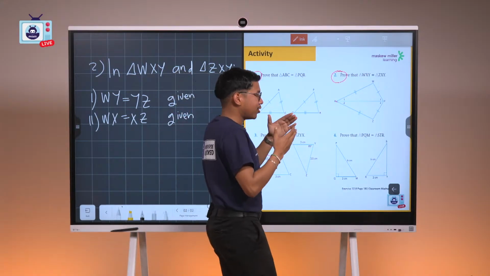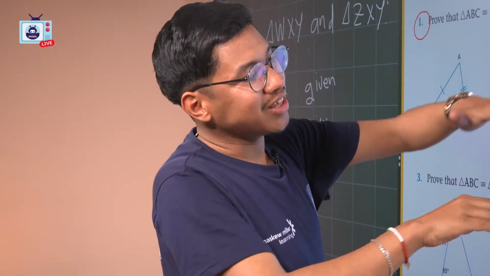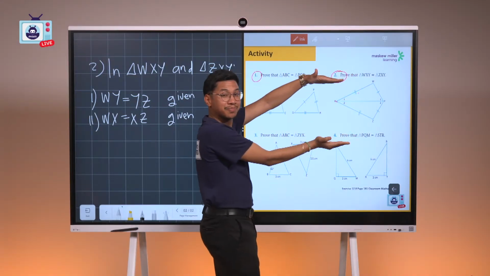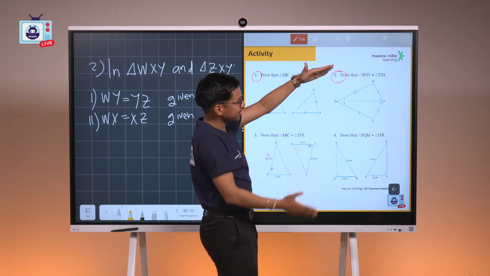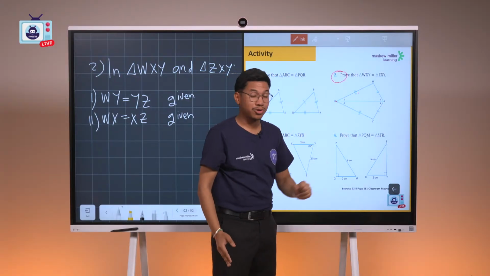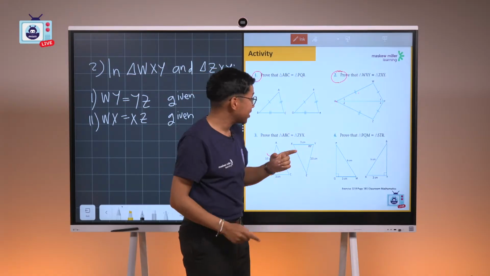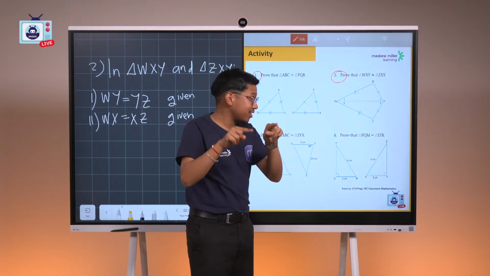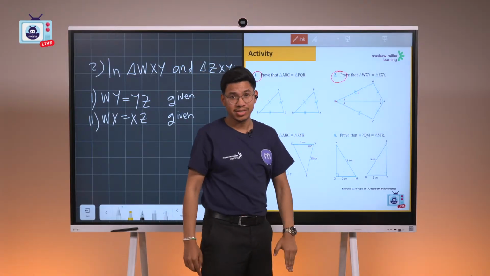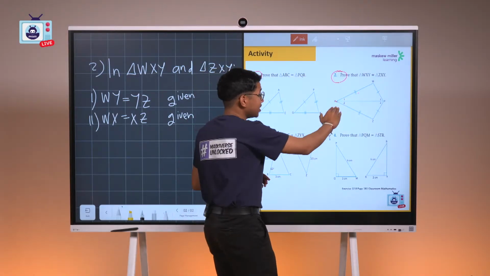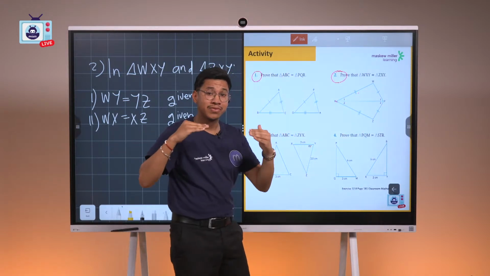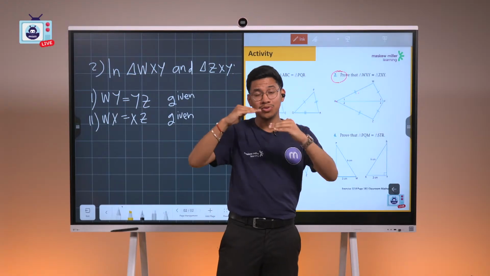So I want you guys to understand something. What happens if I take these 2 triangles and I separate them? If I take them apart and I have two triangles, WXY and then YZX, what will I notice? I will notice that they share a common side. Both triangles will have the side XY in there, isn't it? So obviously, if these two triangles are sharing a common side, it means that the length of that side must be the same in the two triangles.